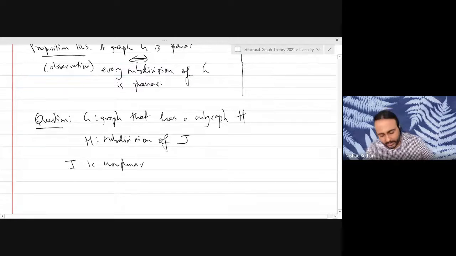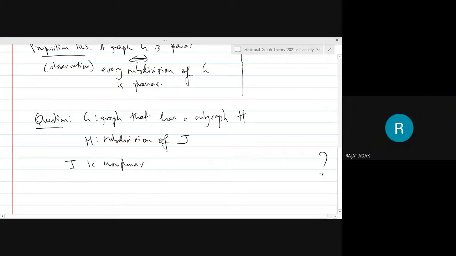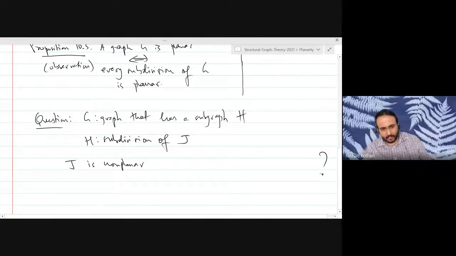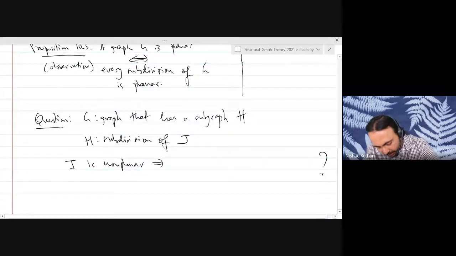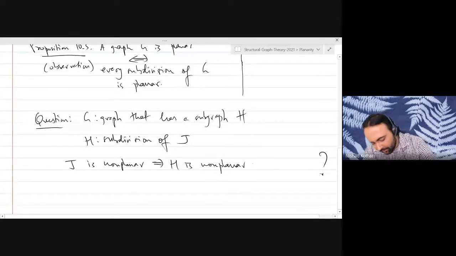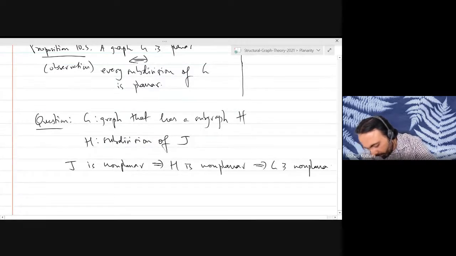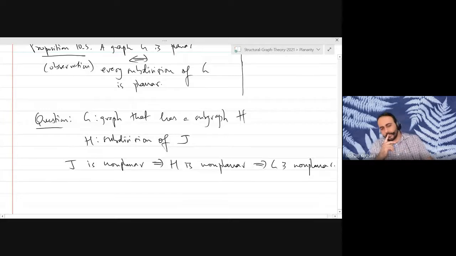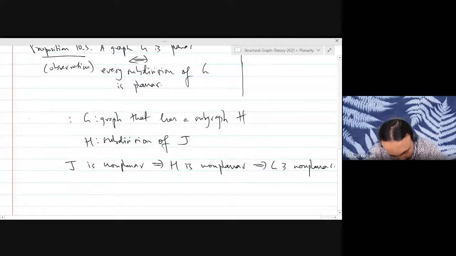Then what can you say about the graph G? Non-planar. Right, exactly. If J is non-planar, this implies that H is non-planar because H is a subdivision of J, and because H is a subgraph of G, this implies that G is non-planar. Okay, so now this is an observation.